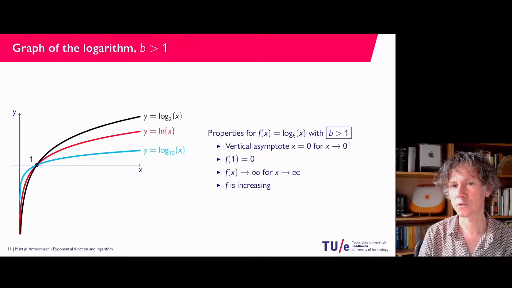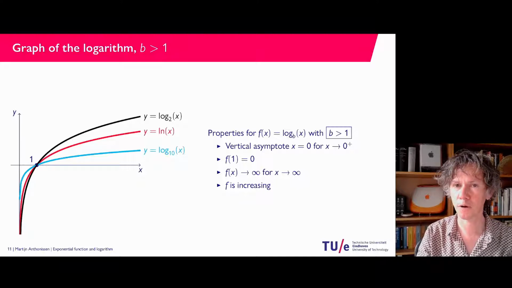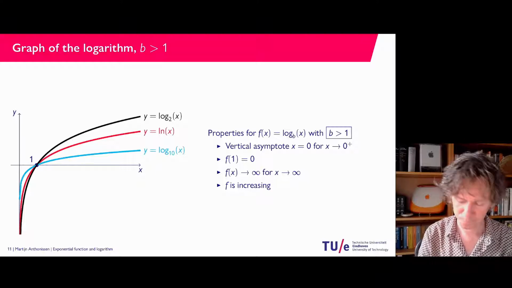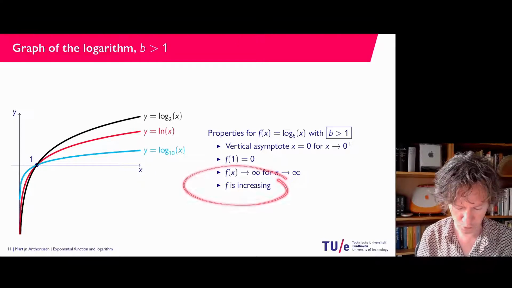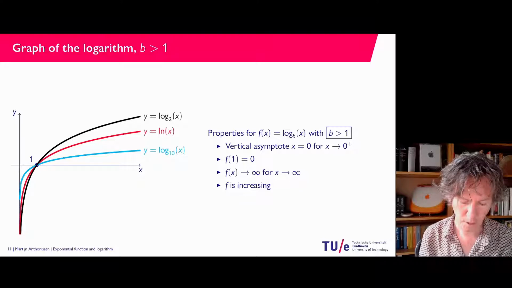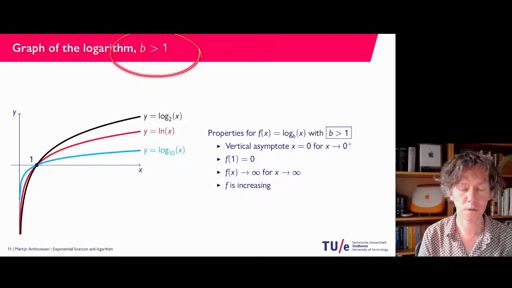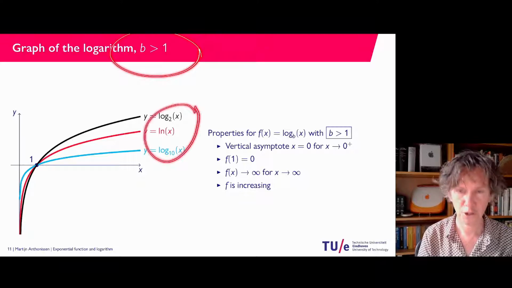If you take the 10 log of 10 to the power 6, a million, it's 6. And if you take the 10 log of 10 to the power 20, which is an incredibly large number, you get 20. So it does go to infinity, but very, very slowly. And you see that the function is increasing. So this is for base bigger than 1: 2, e, 10.